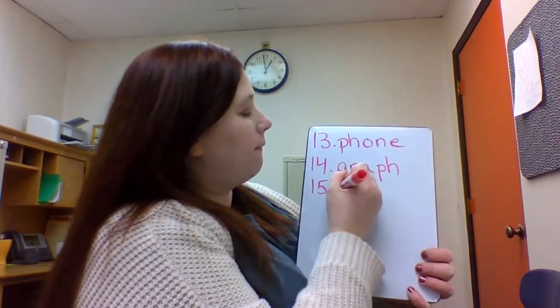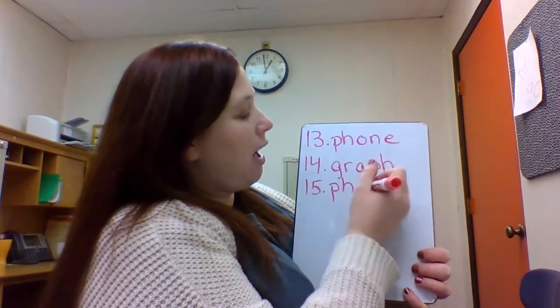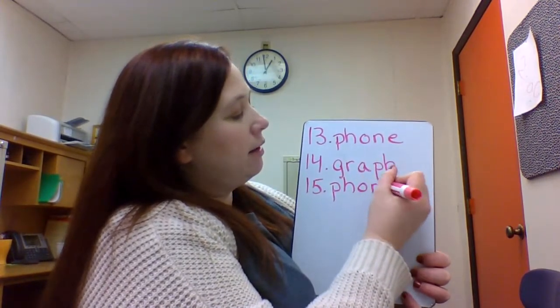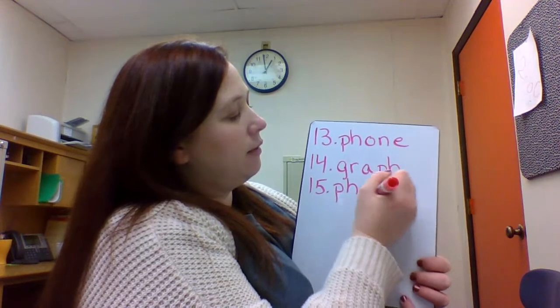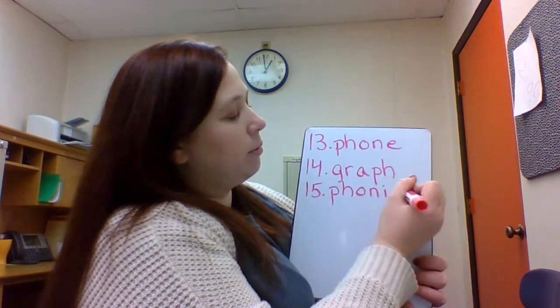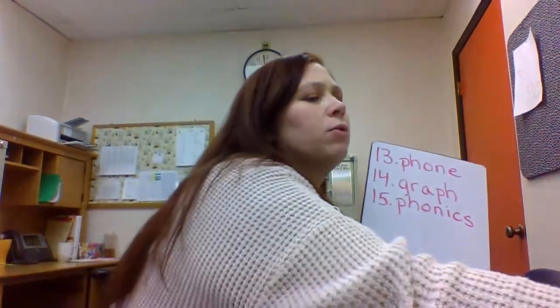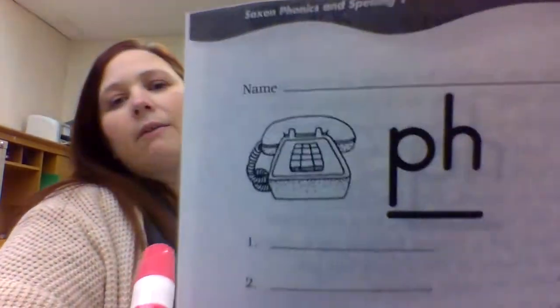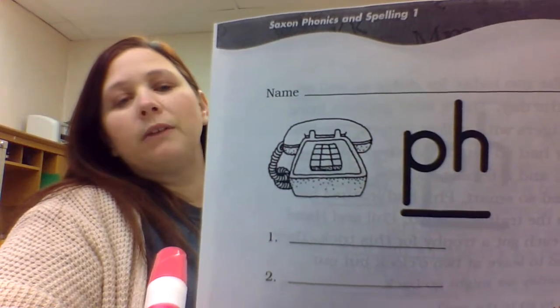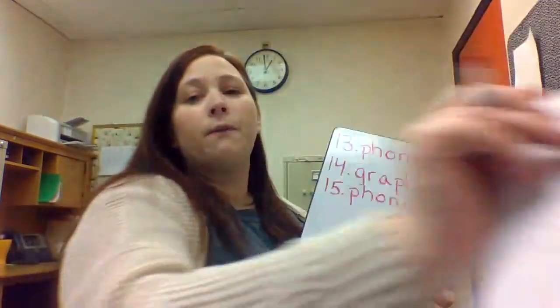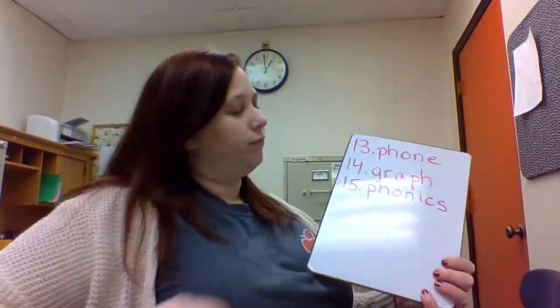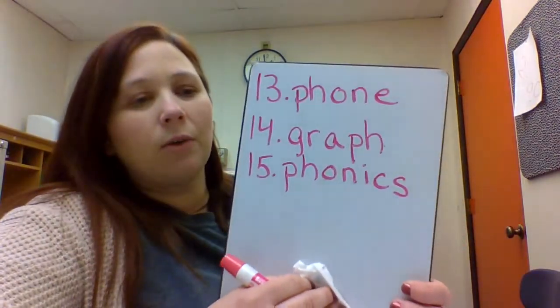So we have that PH at the beginning, O, N, I, and then we use C because it's 2 syllables, and that's where we use that C. Phonics. All right. Also, real quick, our picture card for this, we have a phone. So when we see phone, we'll know phone, that PH. All right, make sure you have these down, and we're going to move on to coding.